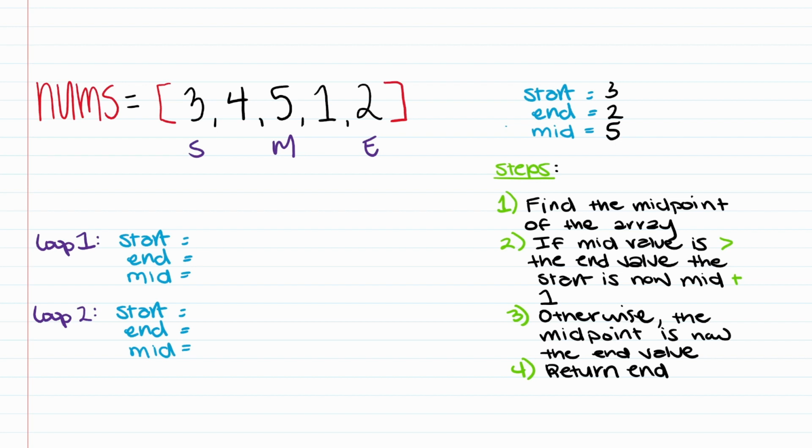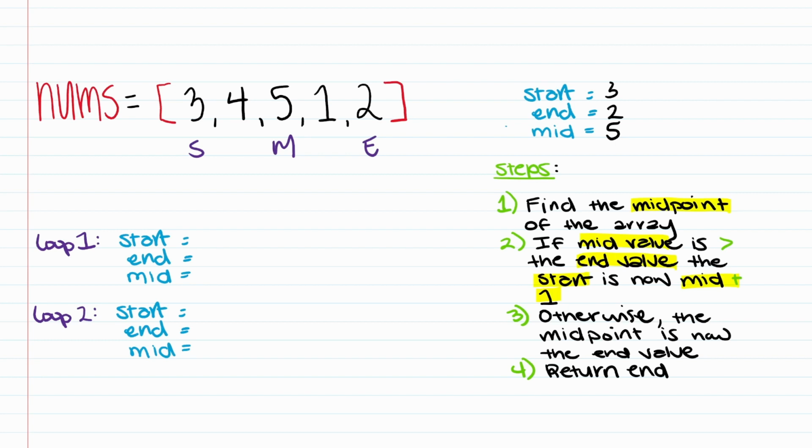If we look through the steps of this problem, we're going to first, as I said, find that midpoint of the array, which we did right here. Step 2, if mid value is greater than the end value, the start is now mid plus 1. The reason that it's mid plus 1 is because at the end, when we actually code this problem up, we're going to use our end value as our value that we're going to return.